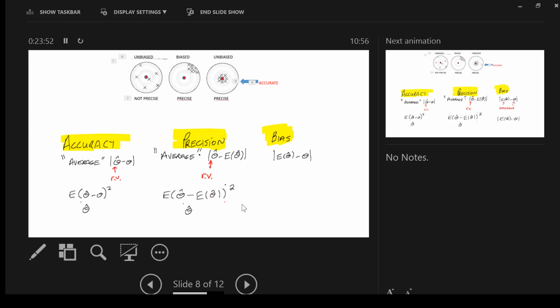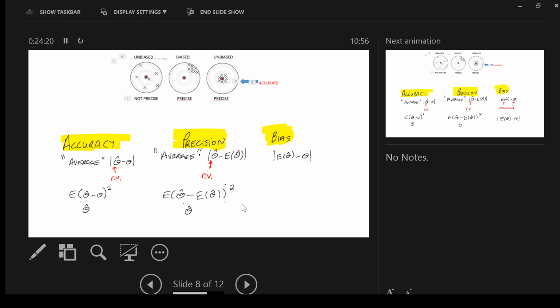And in the end, remember, these are random variables. Because this is a random variable, this is a constant. This is a variable again. When you have a variable minus a constant, it's a variable. So that's why you put expected value here. This one, theta hat, is a random variable. The second one, if you're trying to measure precision, you're going to look at what it looks like on average.